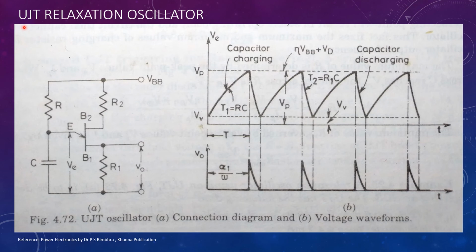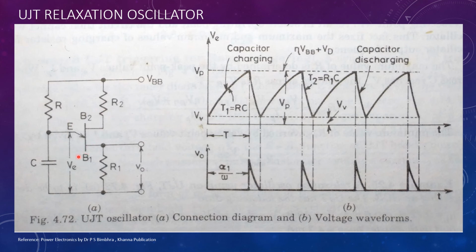Figure shows a UJT relaxation oscillator. The emitter of the UJT is fed from an RC circuit. The potential at the capacitor decides whether the UJT is on or off. The resistance will decide the rate at which the capacitor charges.